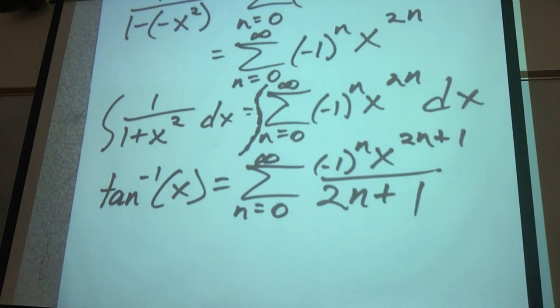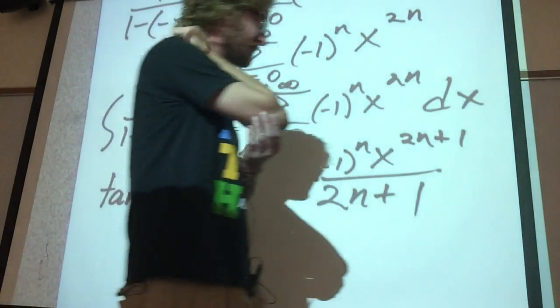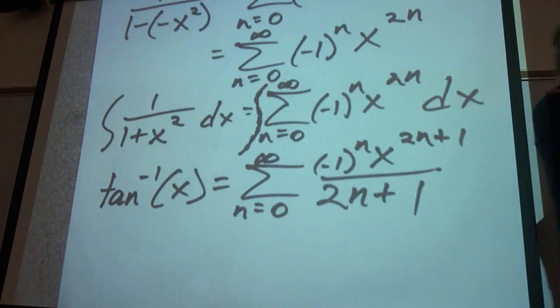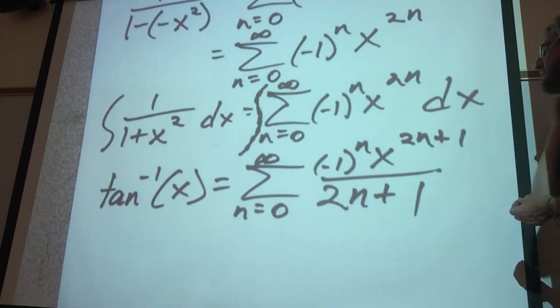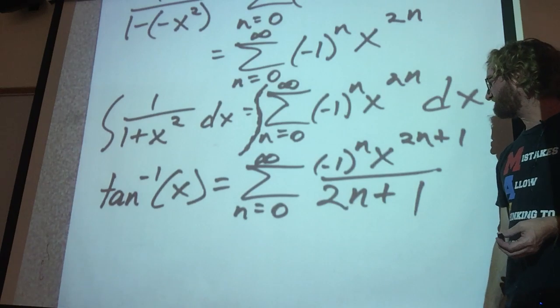Okay, and now we can ask ourselves, where does this thing converge? When is this true? That the inverse of tangent is the sum n equals 0 to infinity of negative 1 to the n x to the 2n plus 1 divided by 2n plus 1.